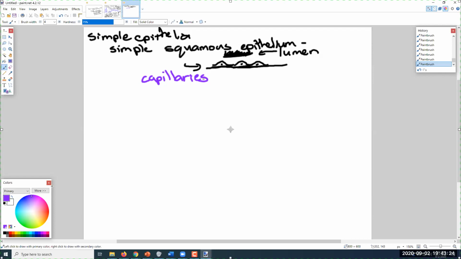If we're talking about simple squamous epithelium versus simple cuboidal epithelium versus simple columnar epithelium, which one of these will be the easiest for things to pass through? Will it be the simple squamous one, where they have flat cells? Simple cuboidal ones, where they have kind of squarish cells?